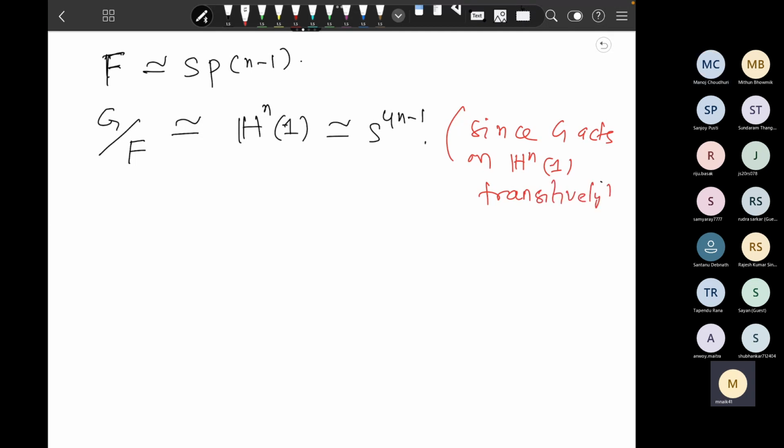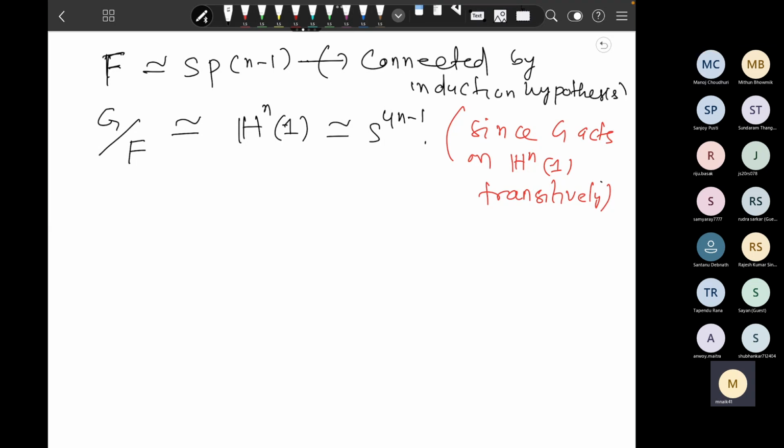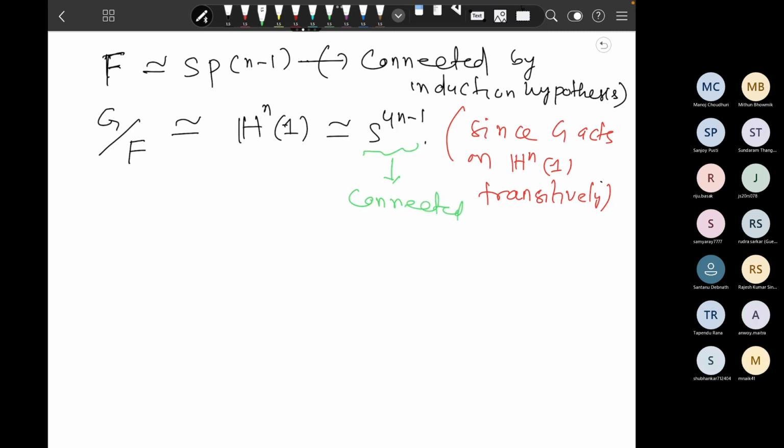Now F is connected by induction hypothesis. So SP_{n-1} is connected by induction hypothesis. And since S^{4n-1} is connected, this implies G by F is connected.